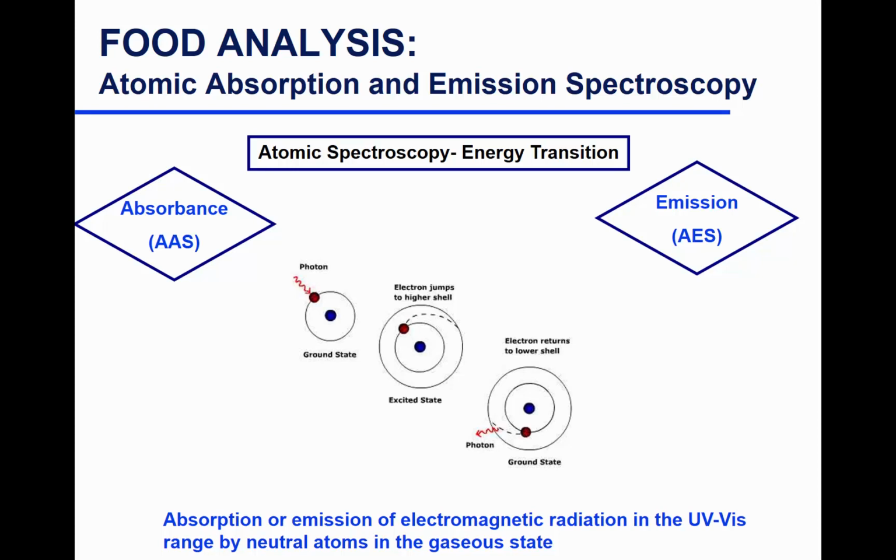That electronic energy has to do with the electron jumping to a higher shell, and by doing so it's going to the excited state, and that's the absorption of a photon of light. And then the emission of a photon is when it's going back to its ground state, back to the lower energy level or lower shell.